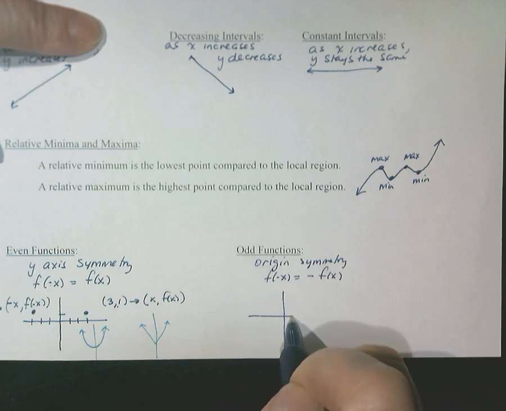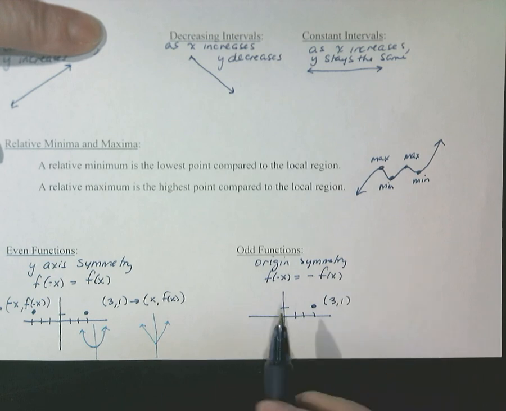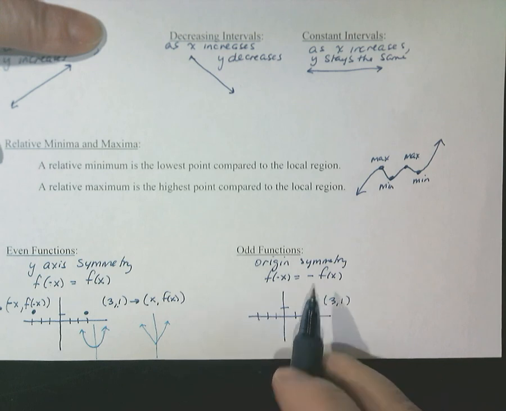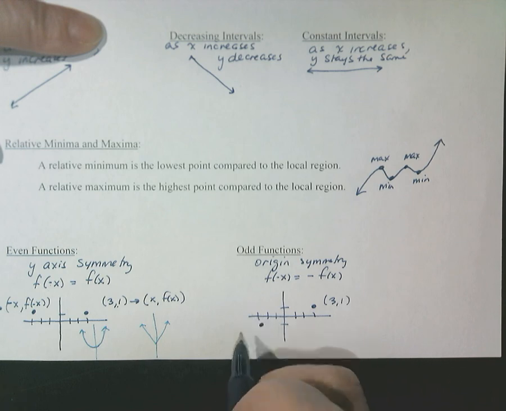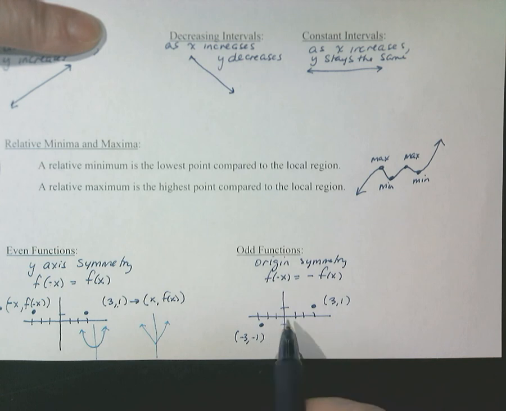If I took the same point 3, 1 again, so I'm going to make x negative, which gives me negative 3, and that's going to make my y negative, which gives me negative 1. And that is origin symmetry. So whatever you see in the first quadrant is reflected in the third quadrant. Likewise, if I had something in the second quadrant, it would be reflected in the fourth quadrant.